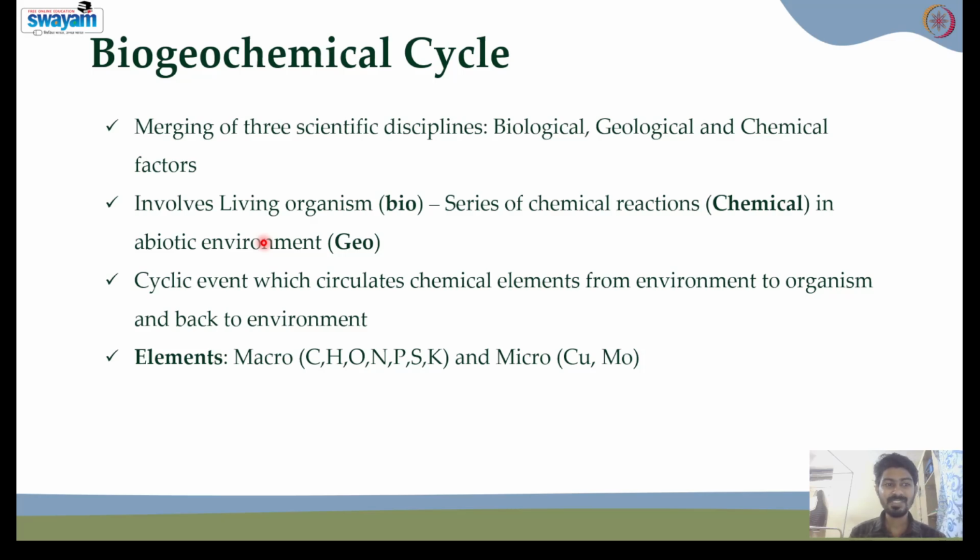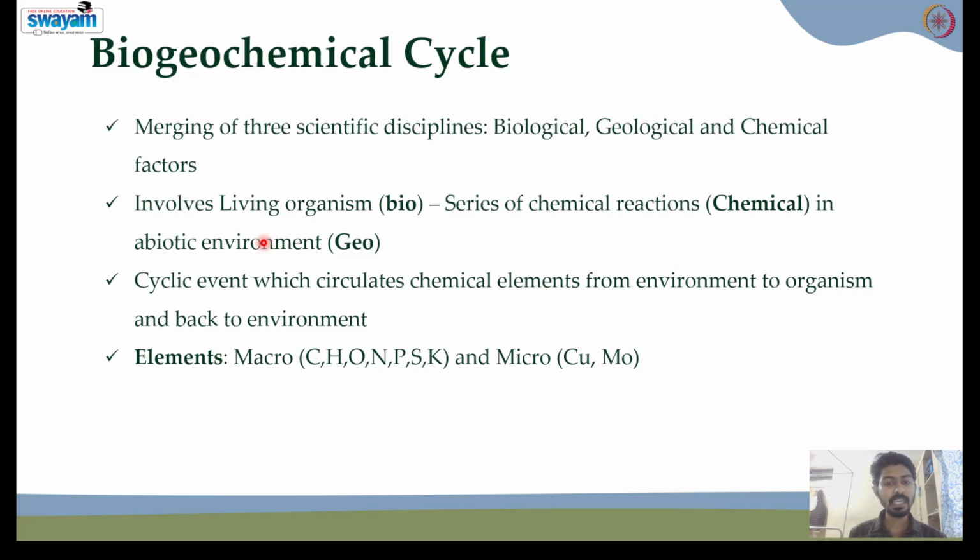So it is not a straight pathway, it is a cyclic pathway which helps in circulating the chemical elements from the environment to the microorganism and back to the environment. So it ensures nothing is wasted, everything is transformed from one state to another in a biogeochemical cycle.